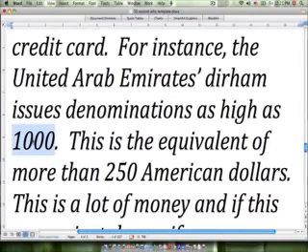I'm sure some students are wondering. If you decide to use digits in one part of your writing, it's okay as long as you use them in the remaining parts of your writing. So for example, if I write 1,000 as a number here, I have to write 250 as a number here, not in words. Okay.